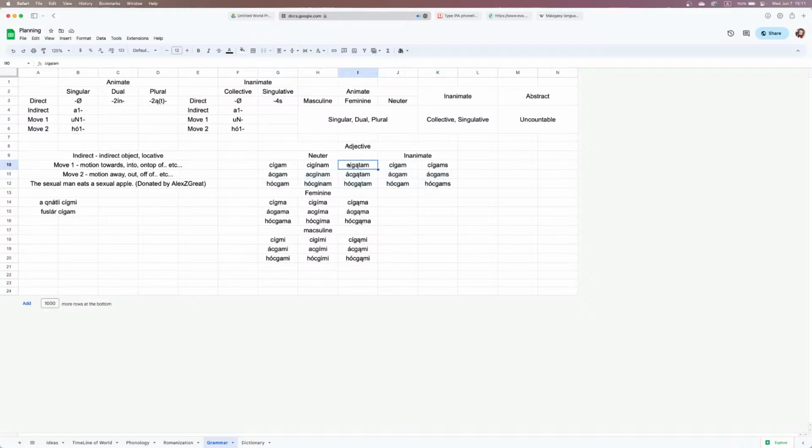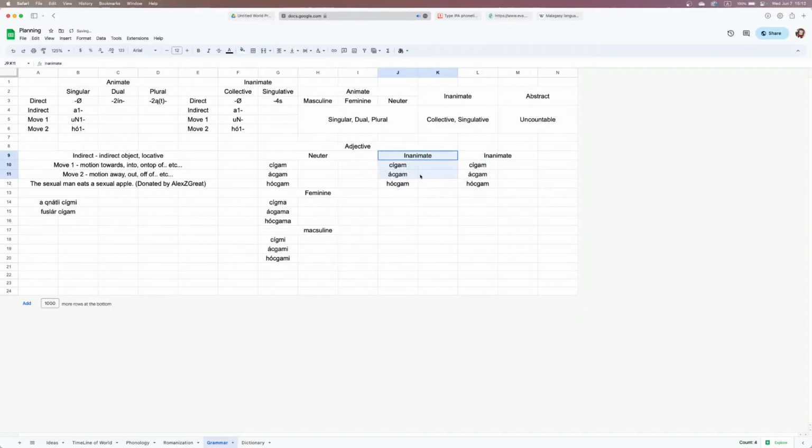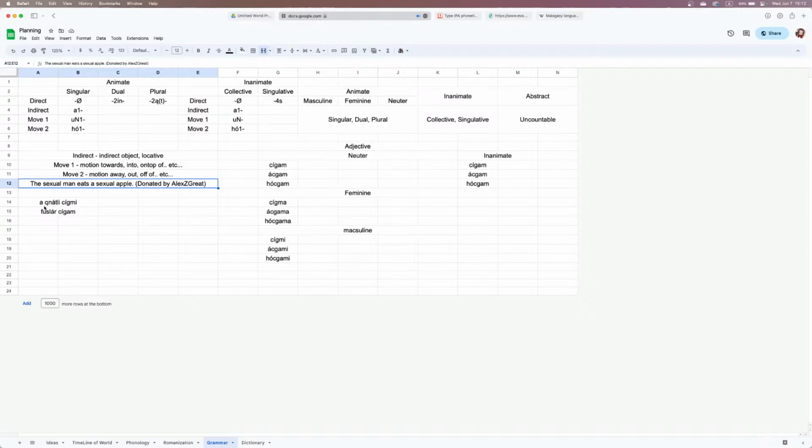Actually, no, I'll keep case. I'll get rid of number. So they do not agree in number. I'm going to have to expand that. Instead, you have to give the deictic information of a noun when you say it.